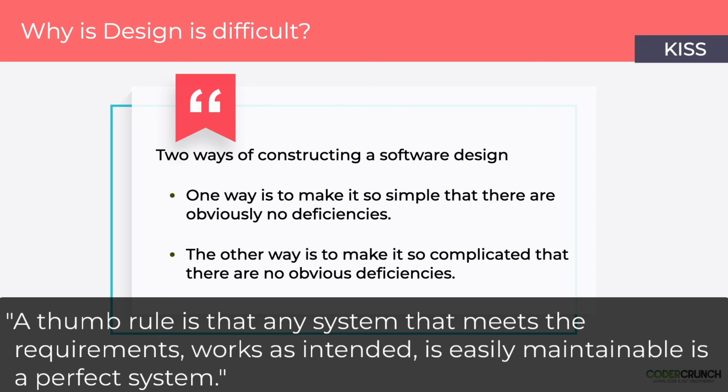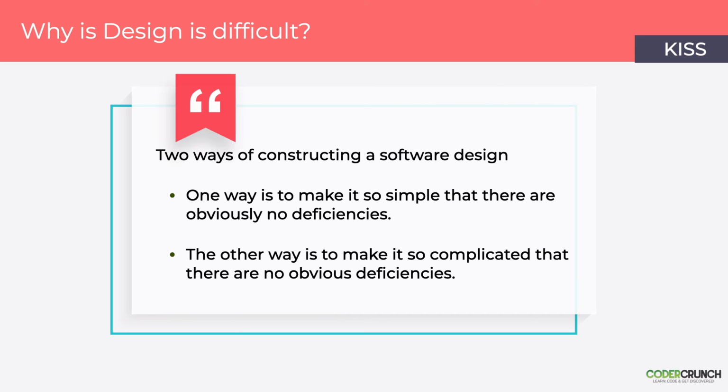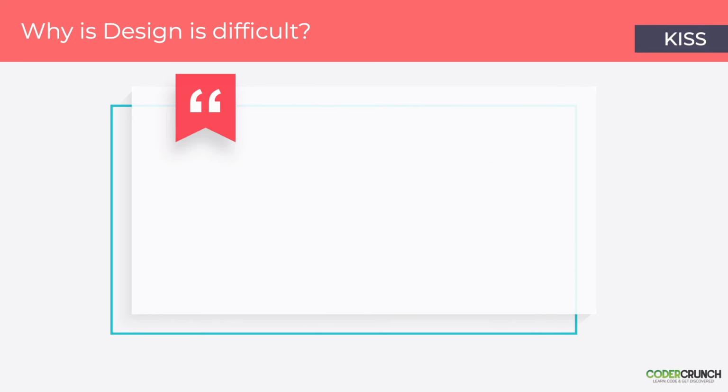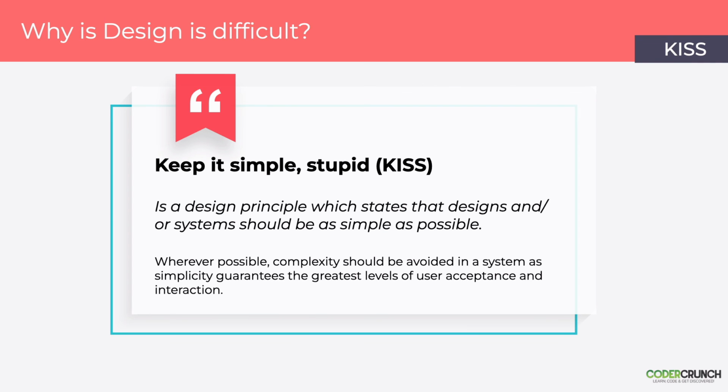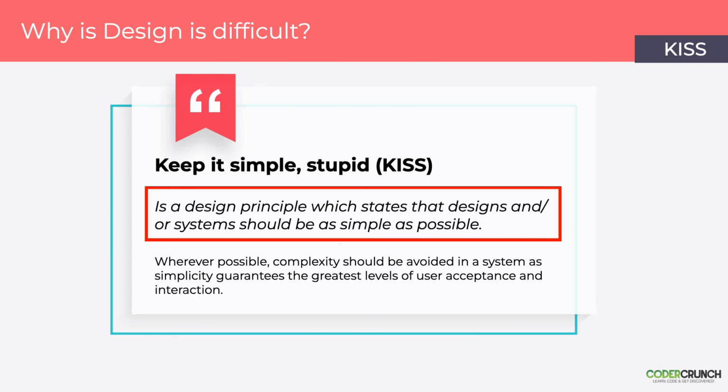So the question becomes, how do we keep the complexity in check while we design any system? We can simply use principles like KISS to keep the complexity in check. KISS stands for Keep It Simple, Stupid. KISS is a design principle which states that designs and/or systems should be as simple as possible.